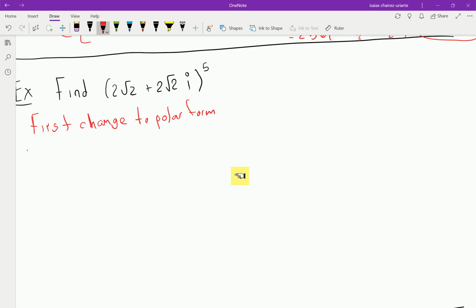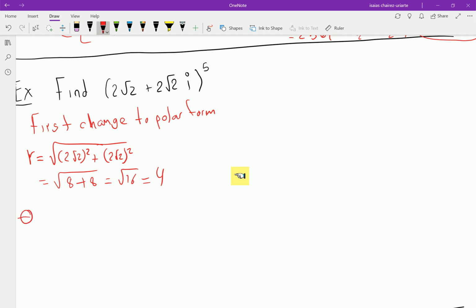So I gotta figure out what is r, and well, r is going to be the square root of 2 square root of 2 squared plus 2 square root of 2 squared. That turns out is 8 plus 8. I hope that you agree on that because it's just 4 times 2. And well, that's the square root of 16, and so my radius is 4.